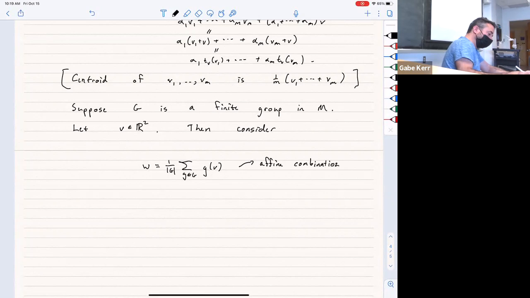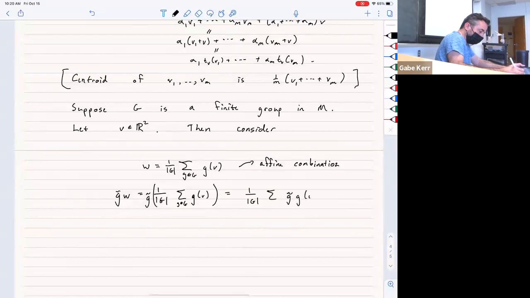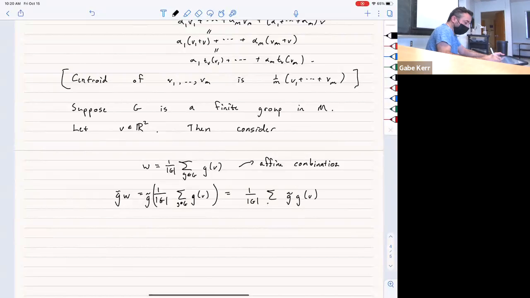Then if I hit this with g tilde, what do I get? I get g tilde of this, but I know that affine combinations are sent to affine combinations. So this is 1 over the order of G times the sum of g tilde g B. But here I'm multiplying each of the elements of G by g tilde on the left.